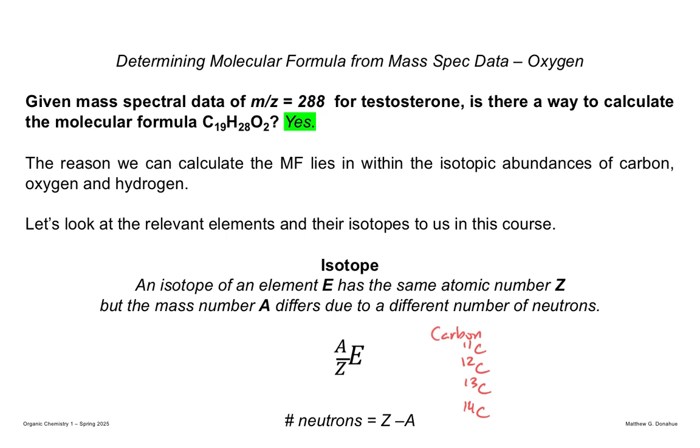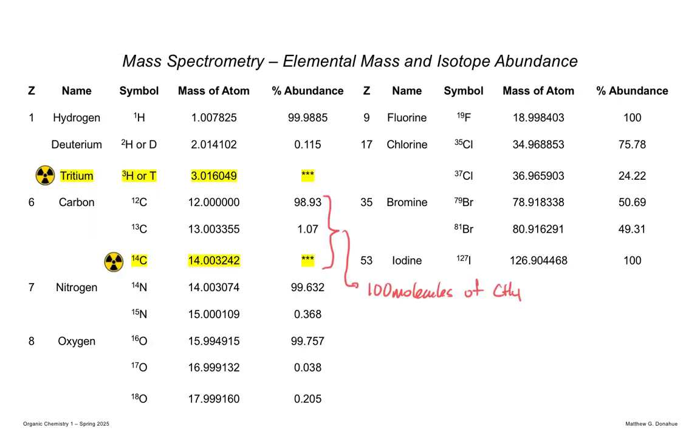The ratio of those isotopes is important to us, and I'll explain it conceptually, and mathematically on the next slide. Some of the ratios of the heteroatoms are also important, and that translates visibly to how you interpret the mass spec data. So here are the elements that we're interested in.